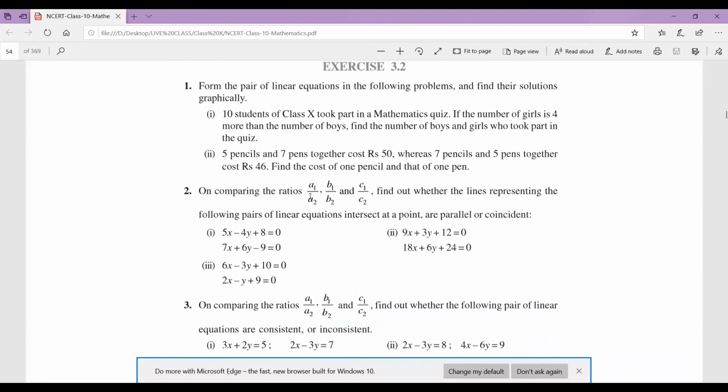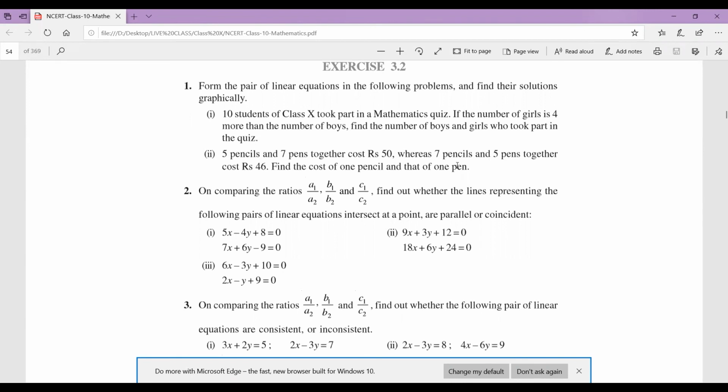No, sir, the one about 5 pencils and 7 pens together. Okay, 5 pencils and 7 pens bought together cost 50, whereas 7 pencils and 5 pens together cost 46. So it is just easy. You just have to consider that the cost of one pencil is X and the cost of one pen is Y. So 5X plus 7Y will be 50 here, and 7X plus 5Y will be 46.